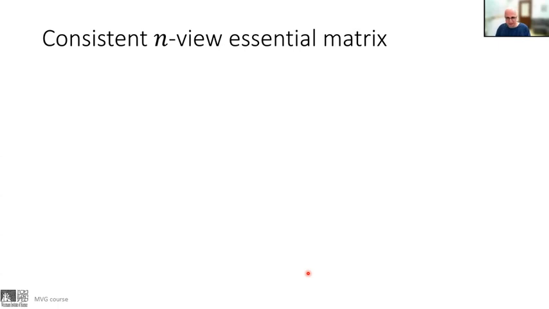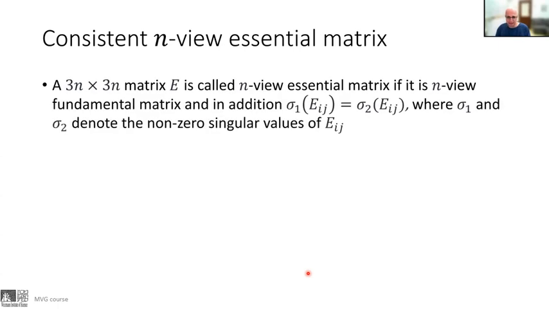What about essential matrices? An n-view essential matrix is essentially exactly like an n-view fundamental matrix, 3n by 3n. The only difference is that for every block Eij, the two singular values that are non-zero should be equal. That makes every block an essential matrix, and so this 3n by 3n matrix is an n-view essential matrix.